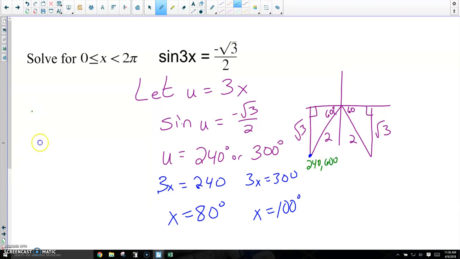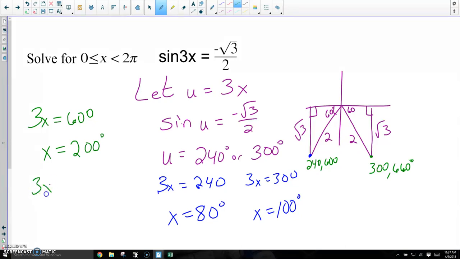If I set 3x equal to 600, I get x is 200 degrees. That is still between 0 and 2 pi, if I converted it to radians. So I need to consider that as an answer. Same thing over here. Coterminal to 300 is 660 degrees. So if I set 660 equal to 3x, I get x is 220 degrees.